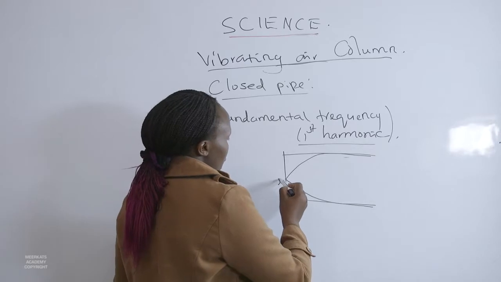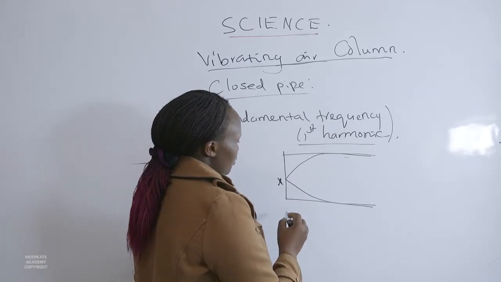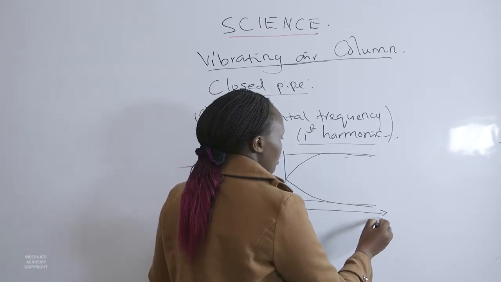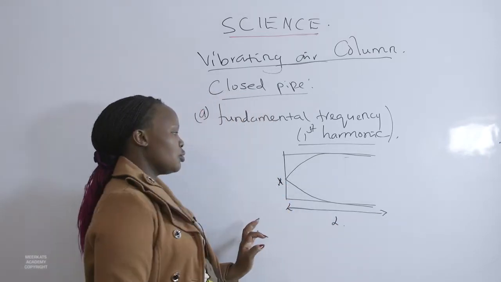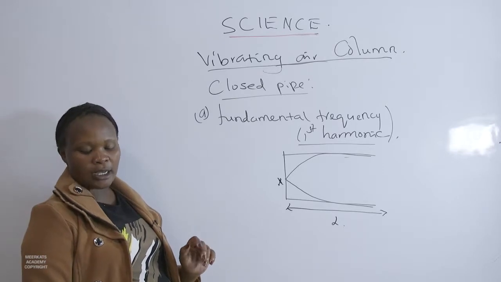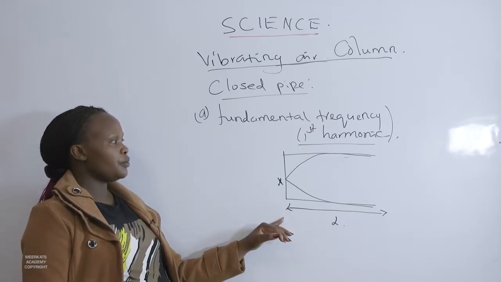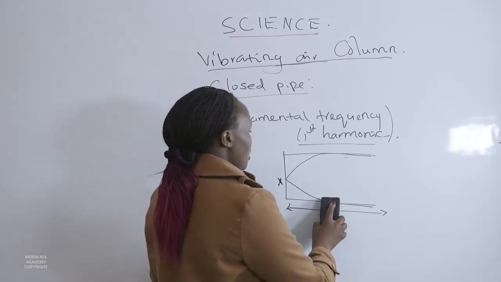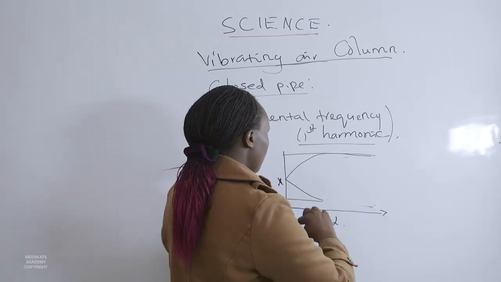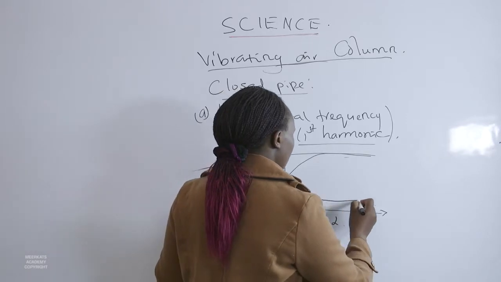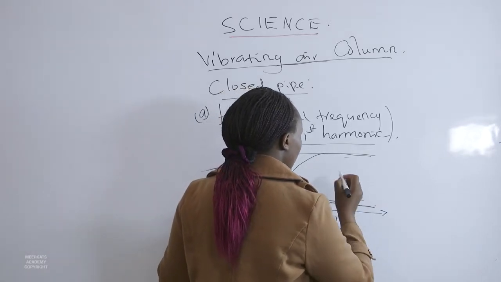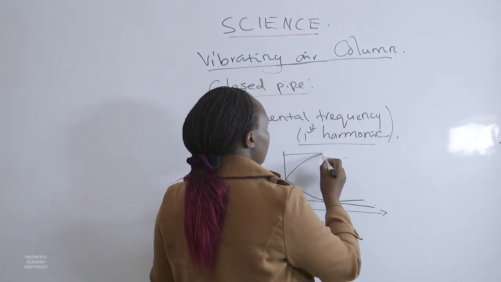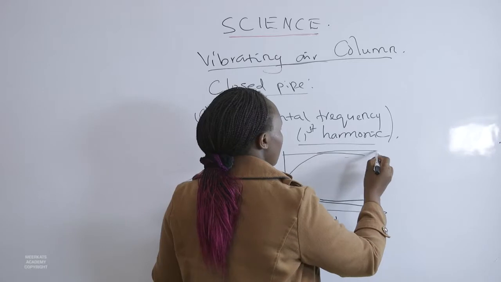Again, this is the closed end, which we call X. Then this distance here, we say it's actually L. And we want to discuss now the simplest wave that can emanate from that kind of setup.